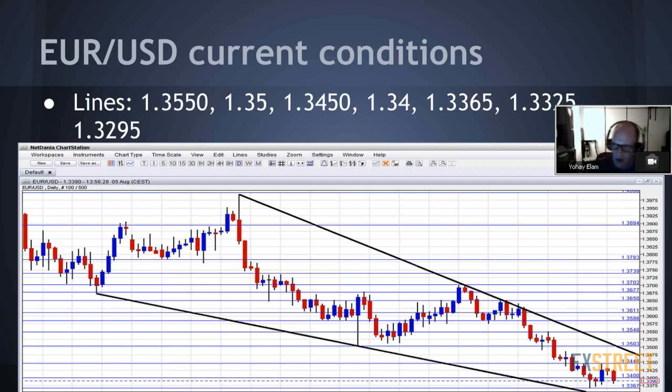Time frame. I look at the daily and hourly charts. Daily for longer term and hourly for shorter term seem like the most basic and interesting time frames. But I know many traders like 4-hour charts.